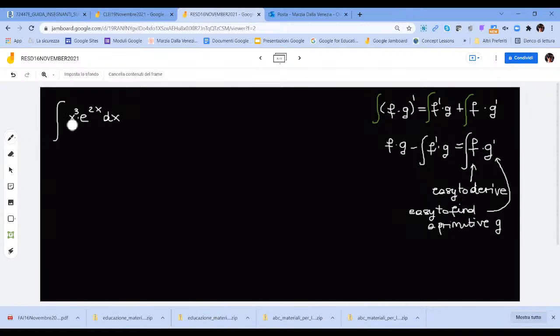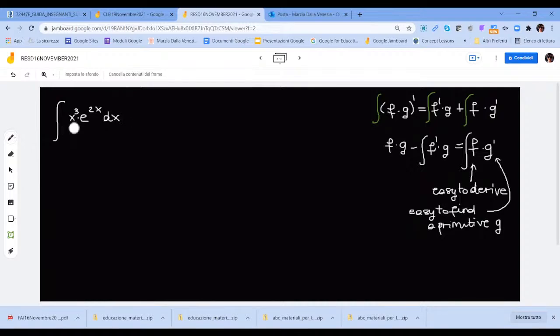If you consider the power of x, x to the third power, this is easy to derive because the derivative is 3 times x squared, which has a smaller power, so it is nicer for the integral.